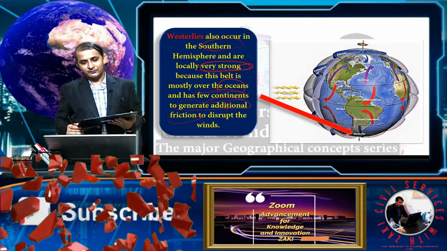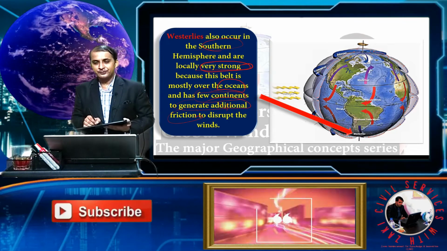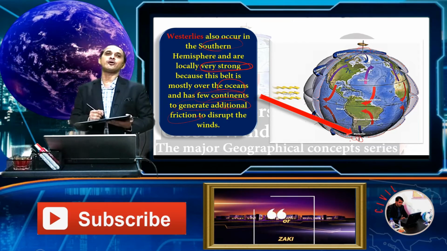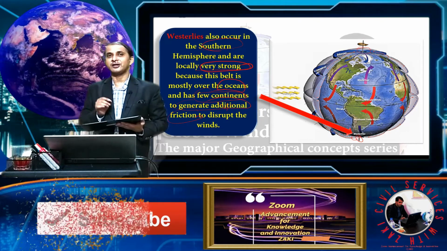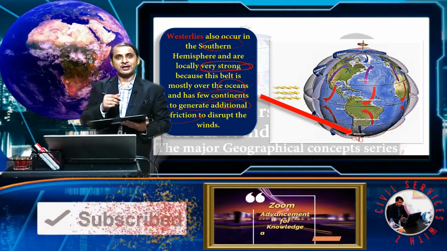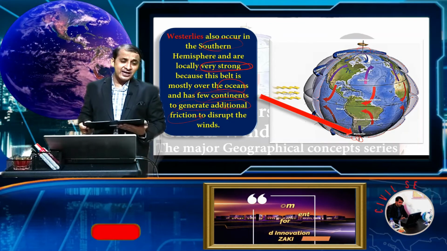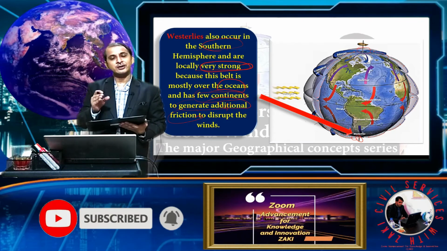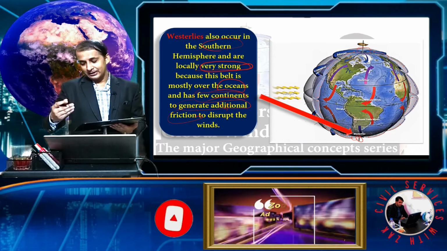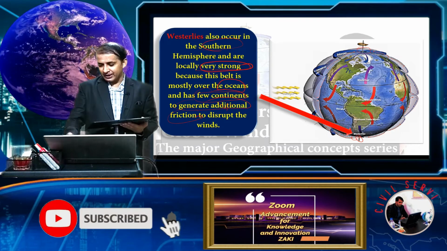After that, as you know, the polar easterlies are also found in the southern hemisphere. So these are basically the winds and wind patterns. So we see the animation and understand how these winds circulate and create the atmospheric circulation.